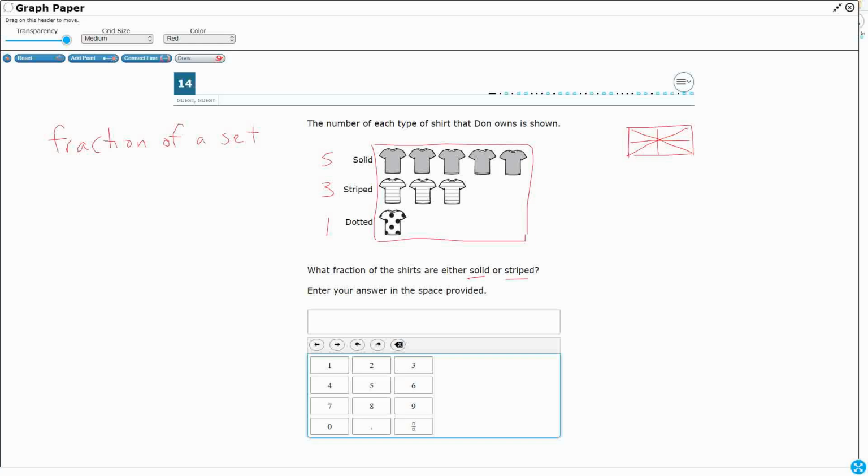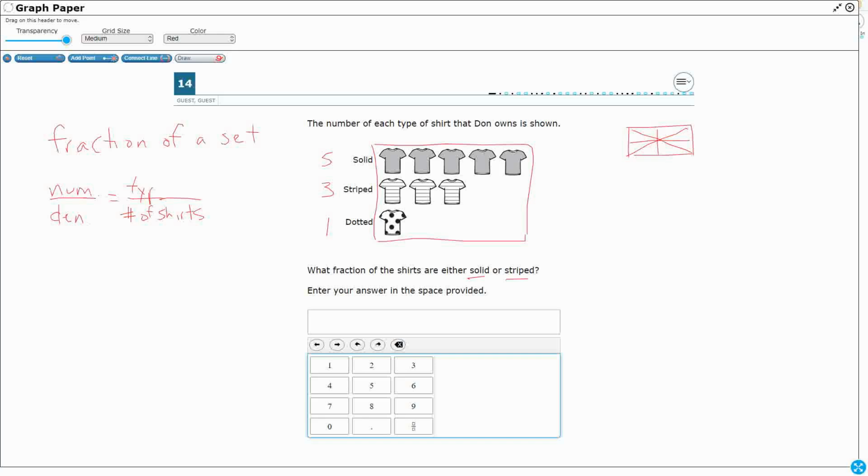So we still need our numerator, I'll just abbreviate that with NUM, and our denominator. In this case, our denominator is going to be the number of shirts. And then our numerator here, that's just going to be the specific type or pattern.